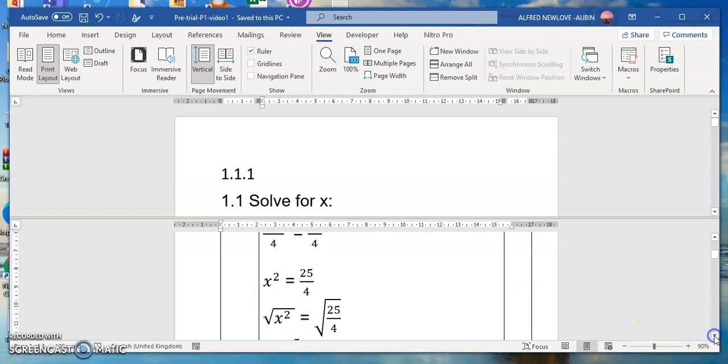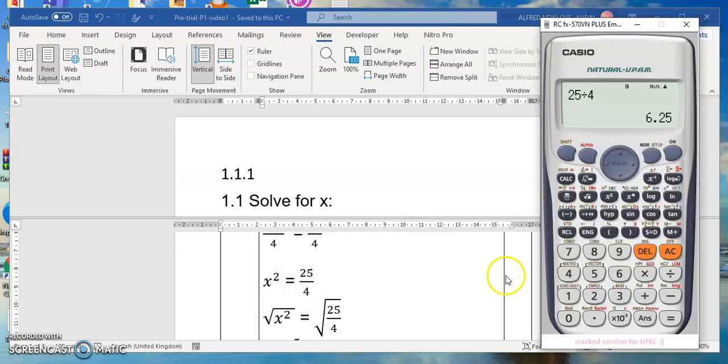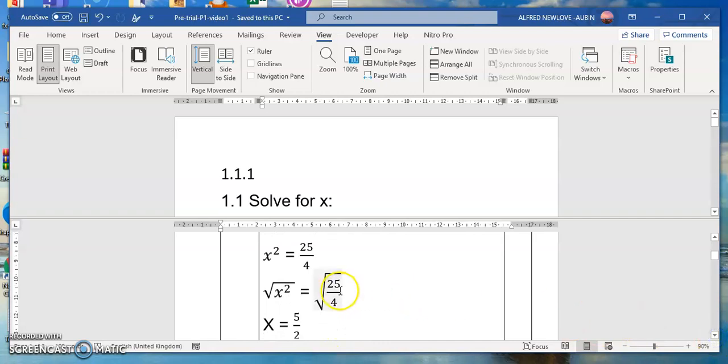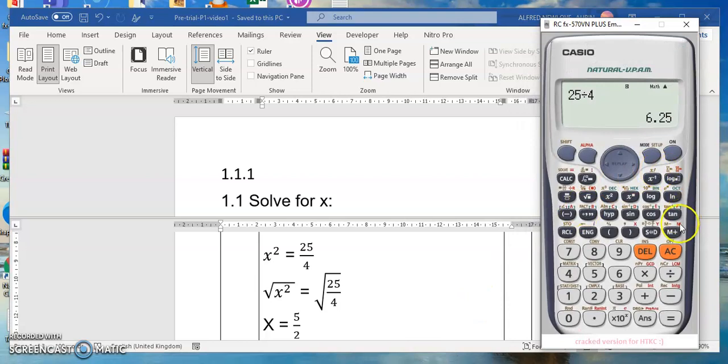then you take a square root because we are solving for x. This is still x squared. Let me repeat. You will be tempted to divide and write this one. Leave it like that as 25 over 4. Then take the square root. When you take the square root of this one, what are we going to get? Let's look at the square roots of that one.